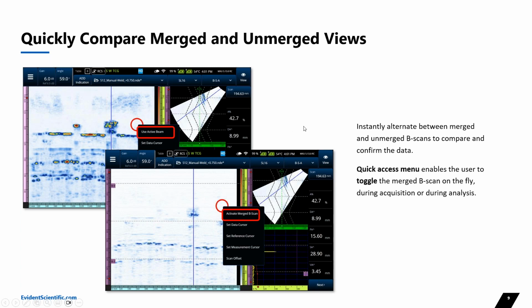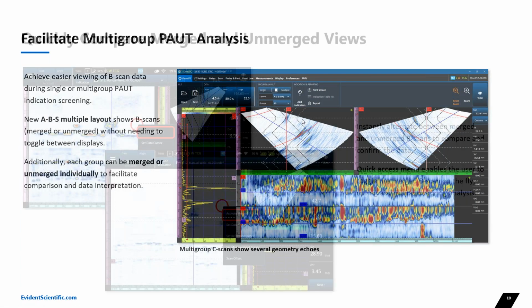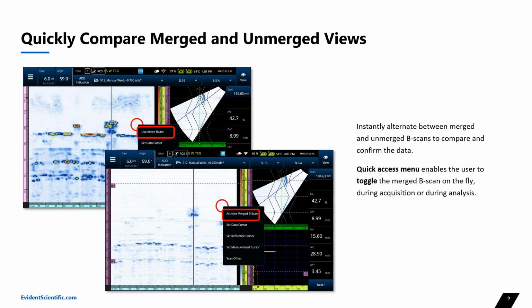If you're using OmniPC, like I will be using today, you have to use the mouse right click, just like any Windows contextual menu, and you have quick access to activate or deactivate the merge B scan. On that subject, I personally use that functionality a lot.